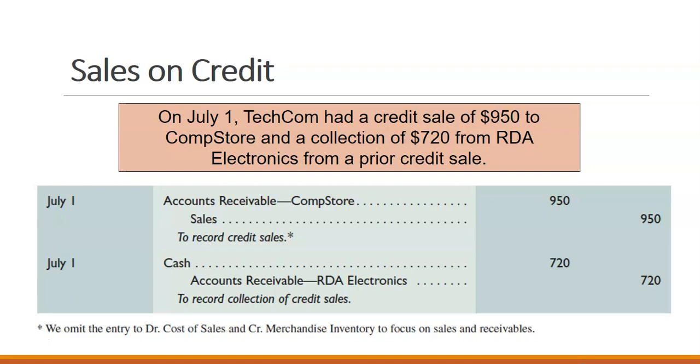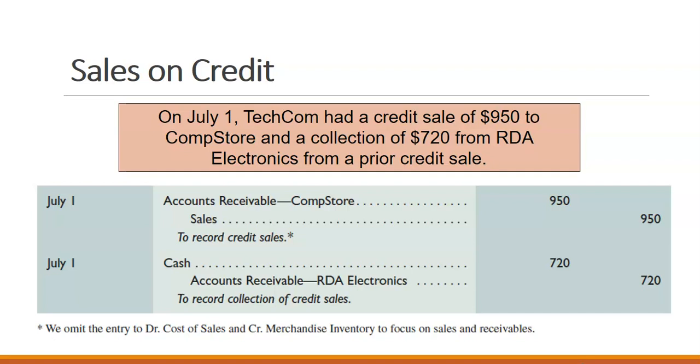We're going to look at various transactions that affect accounts receivable. One is a sale on credit. If this company provides credit sales or a company-sponsored credit card, then we would have an accounts receivable and sales.